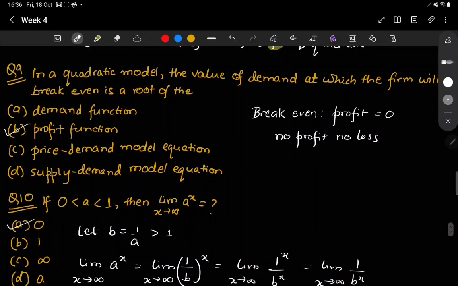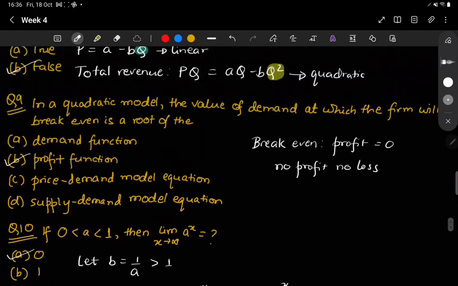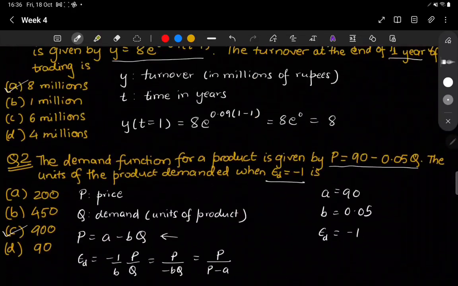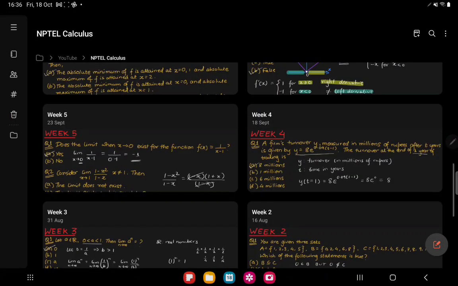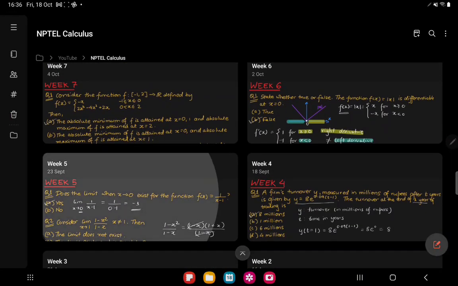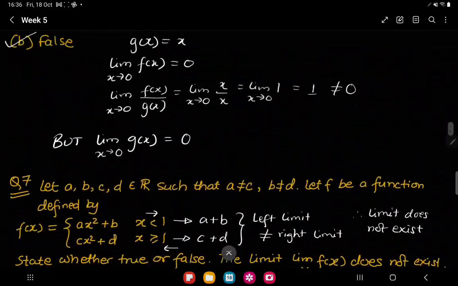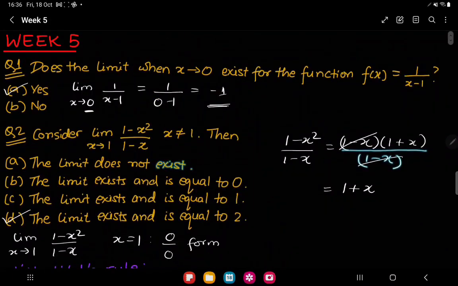So break-even condition is when profit is equal to 0. Week 5.